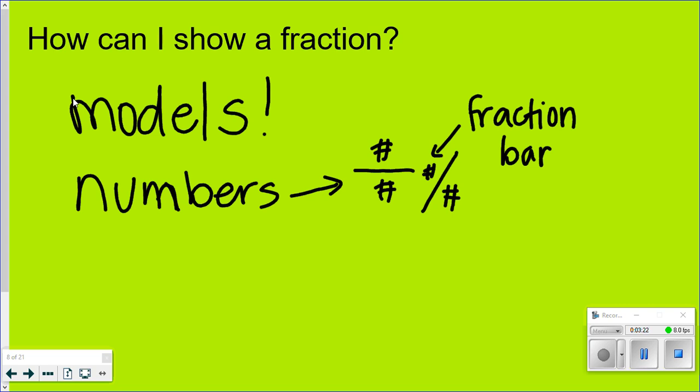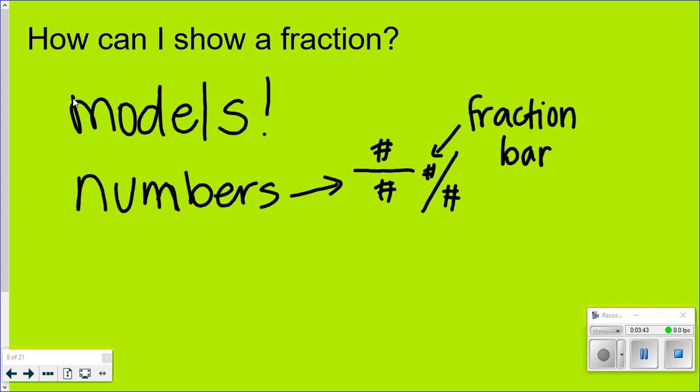We're not going to spend a ton of time talking about numbers because we've already talked about them. We know what a fraction looks like when it's written in number form. We can look at this and say, oh yeah, Autumn, that's a fraction. We know that.